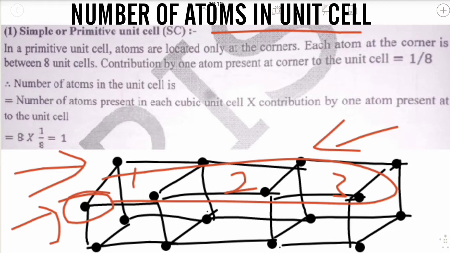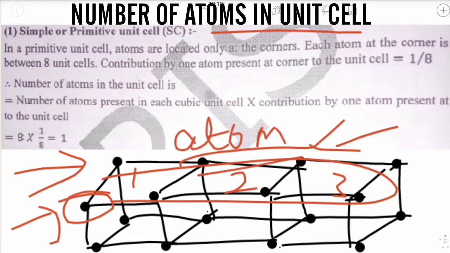Let us now work out what portion of each particle belongs to a particular unit cell. We shall consider 3 types of cubic unit cells, and for simplicity we will assume that the constituent particle is an atom.